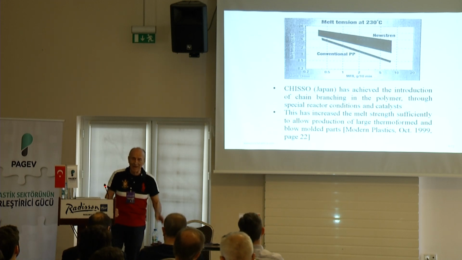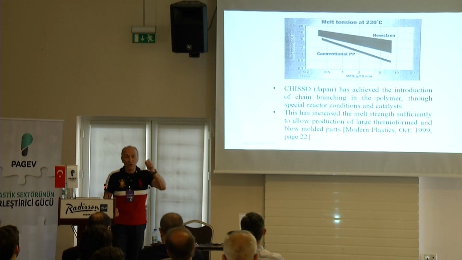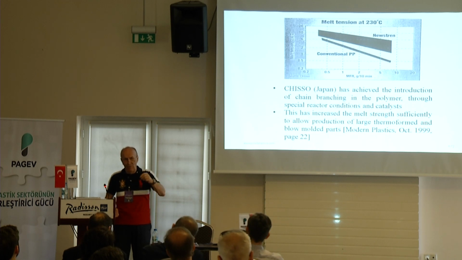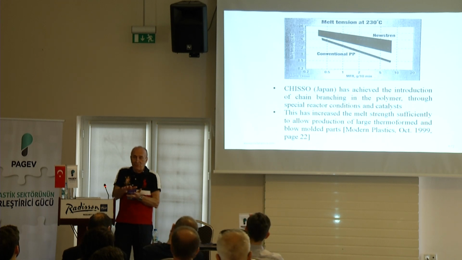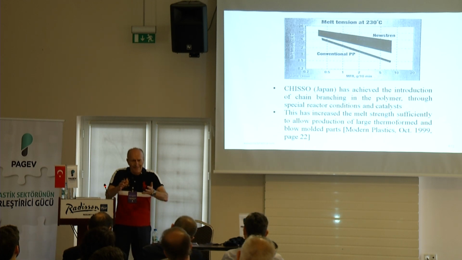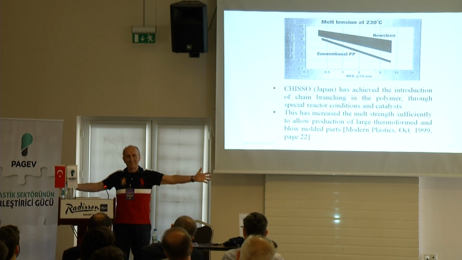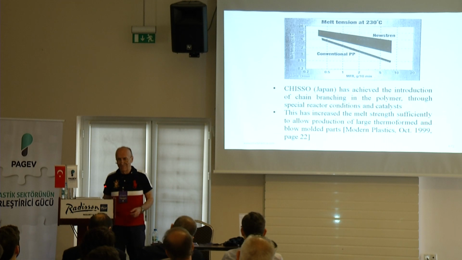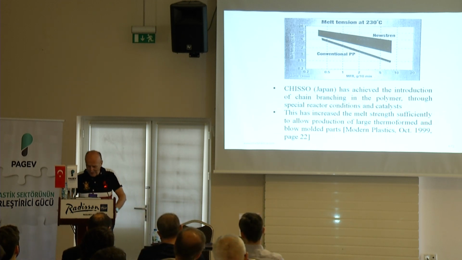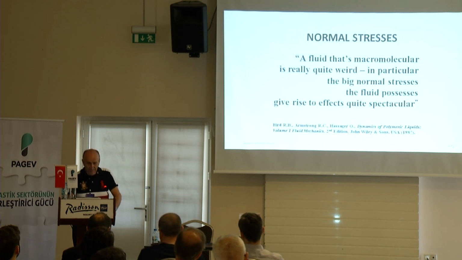So, branching for polypropylene in particular, because polypropylene has very low melt strength. So, if you're producing a pipe, right? The pipe collapses by its own weight, it has no melt strength. If you have branching, no problem. So this is another solution to a very practical problem.